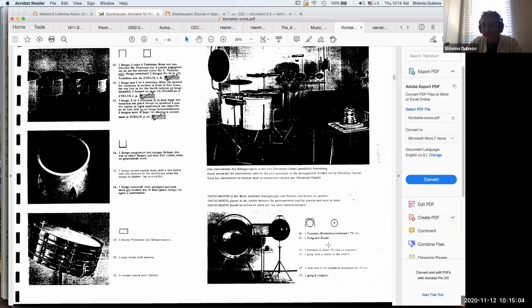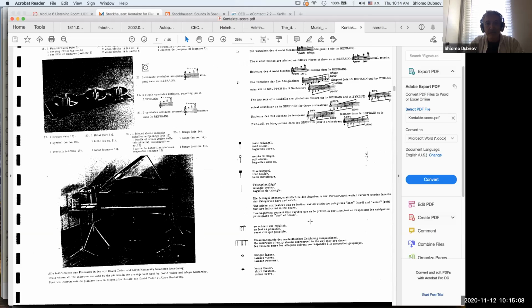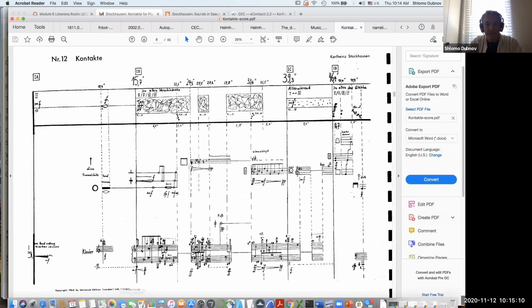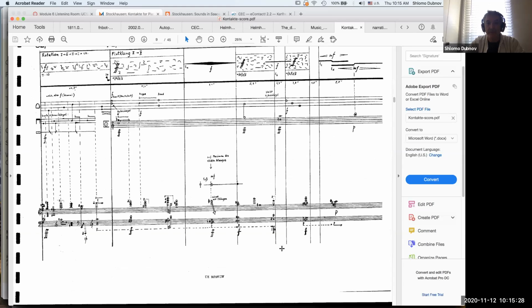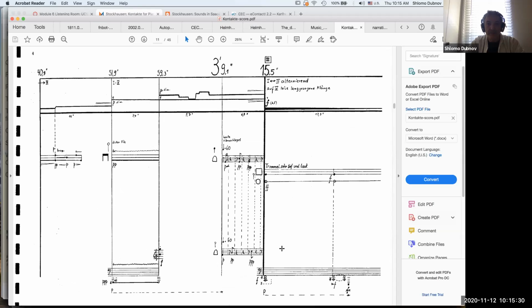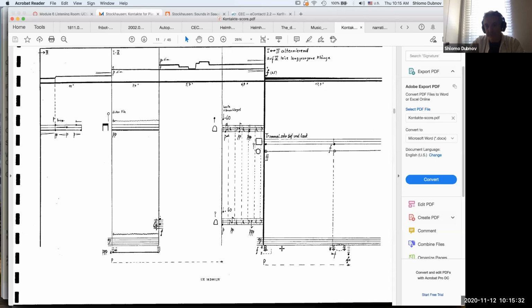These are the signs for the instruments, except for the piano where he writes clavier. Here are all the symbols of the different instruments the second performer plays. This is the tape, and this is the piano. But then the pianist also moves to perform on some of the percussion instruments.